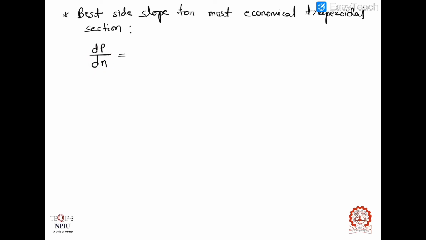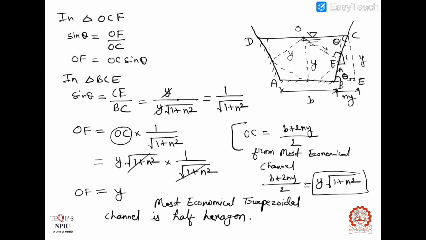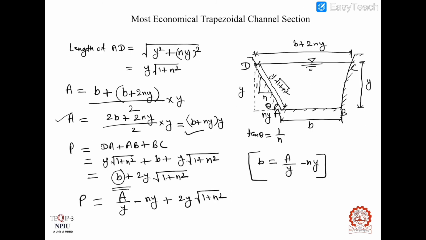So dP upon dn is equal to 0. d upon dn of the perimeter, which is A upon y minus ny plus 2y root over 1 plus n square. This P we are substituting from this expression. What is P? P is b plus 2y root over 1 plus n square.